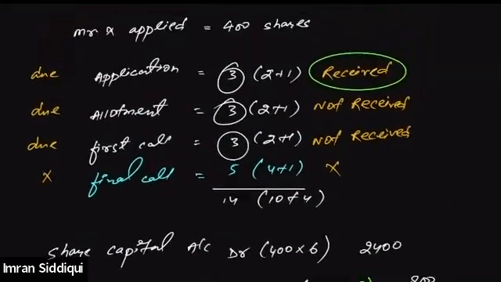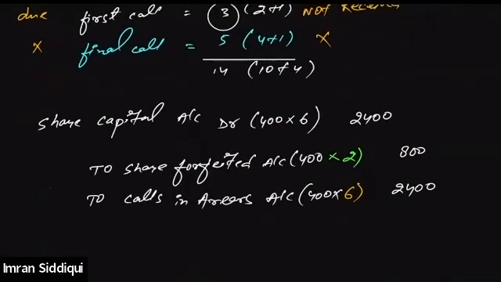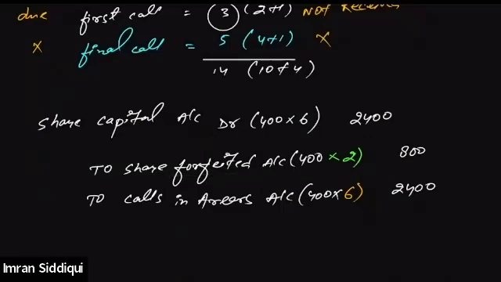Like we have received 1 rupee on application by way of premium, but we did not record that while writing the share forfeited account. You understand that? Since this is already received, but if any premium is still due in respect of any installment, then it needs to be shown under the calls in arrears account, along with the calls in arrears.